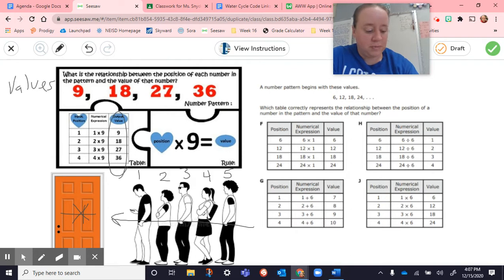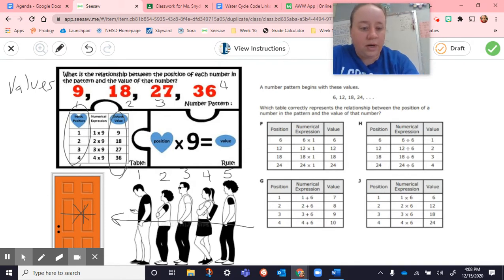Just like those people are lined up, ready to go out, these numbers are lined up as well. The 9 is in the first position. The 18 is in the second position. The 27 is in the third position, and the 36 is in the fourth position. And if you notice right here, these are the positions 1, 2, 3, and 4.